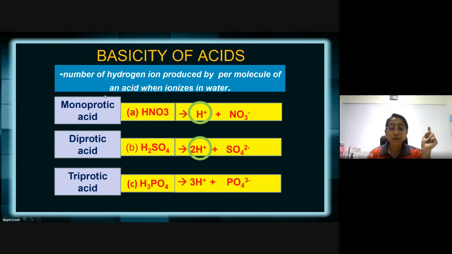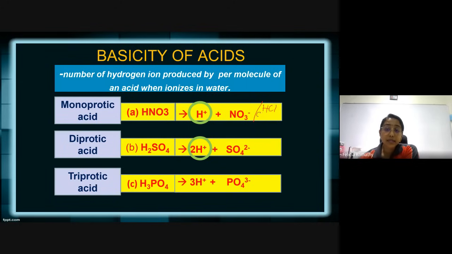So, students, you must know examples of monoprotic acid. For monoprotic acids, examples are nitric acid. Besides nitric acid, we also can use hydrochloric acid. These are the very common monoprotic acids. One is hydrochloric acid, one is nitric acid. This is for strong acid.